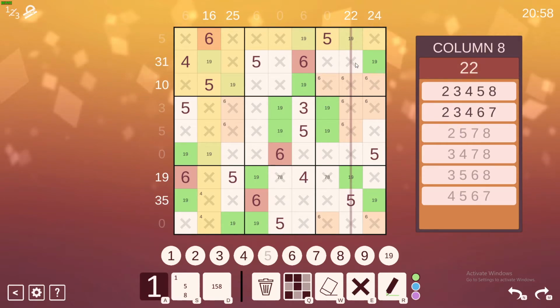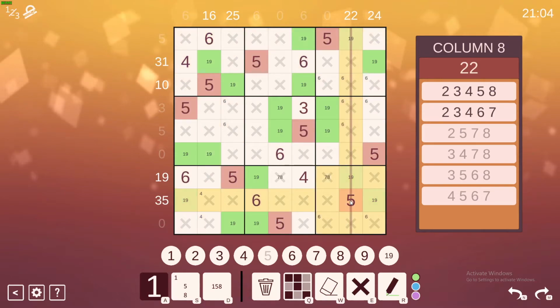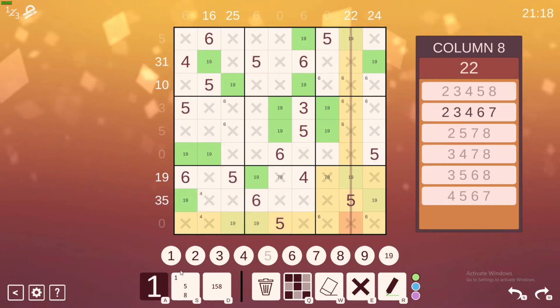So this one, for example, we do not have a 5 containing because it is outside right here. So we can eliminate that combination. So now we know we have a 2, 3, 4, 6, 7. So a 5 and an 8 are left out, meaning we can place an 8 down here.